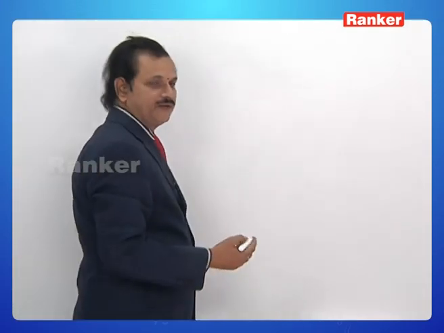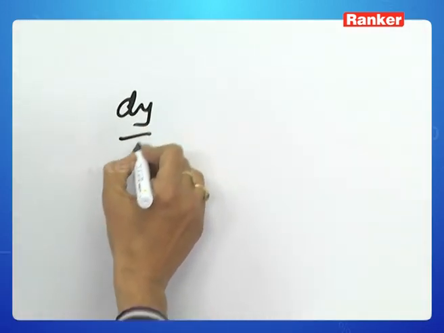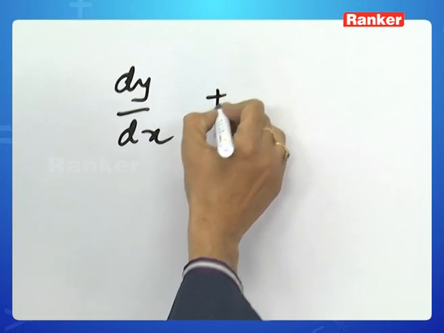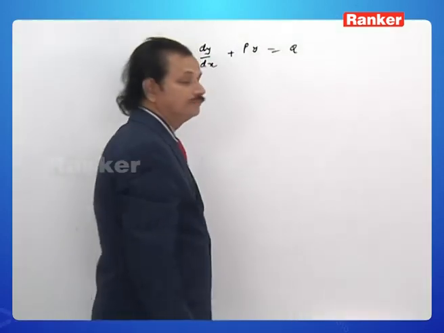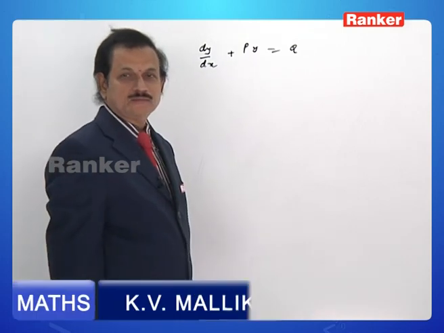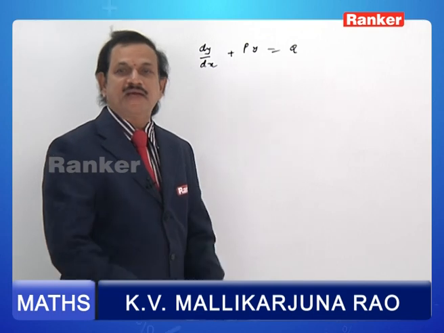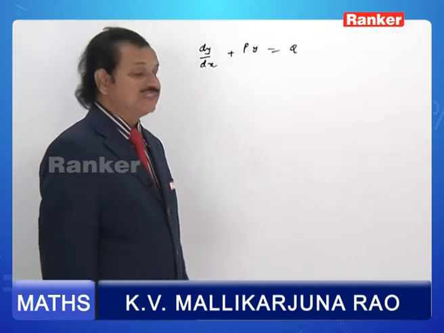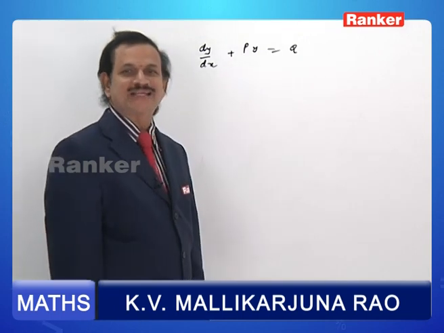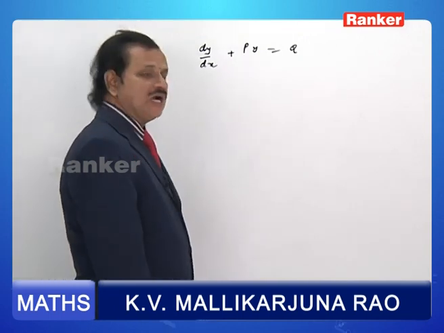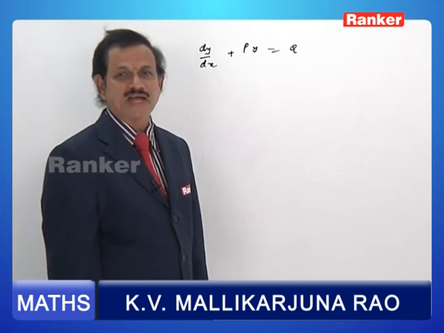Well, the given differential equation is dy by dx plus py is equal to q. We want to solve this by direct integration. That is, we want to get it converted into an exact equation, and in that business we need an integrating factor.